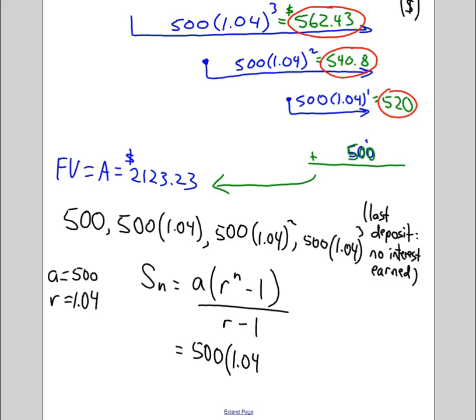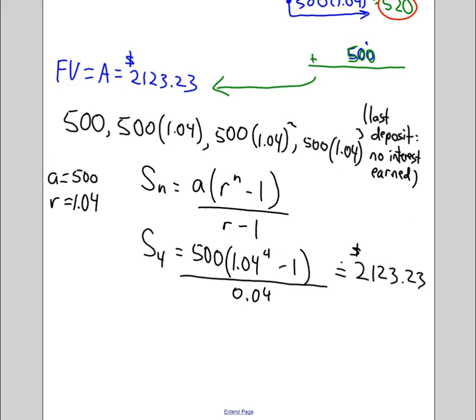There are 4 terms here, so n is 4. The common ratio subtract 1 would just simply give us our annual interest rate. And if we pause and calculate that, the sum of 4 terms here for this annuity can be also shown to yield the same value, 2123.23. And there the calculation is in fact yielding the exact same value.